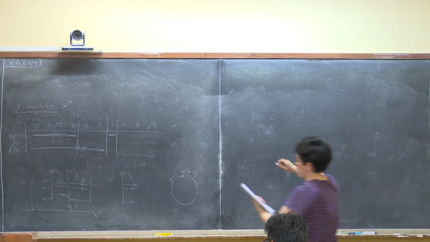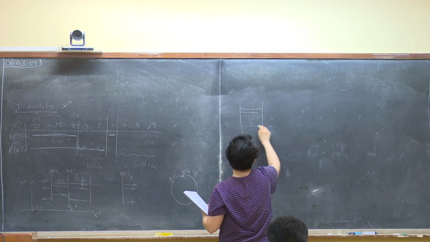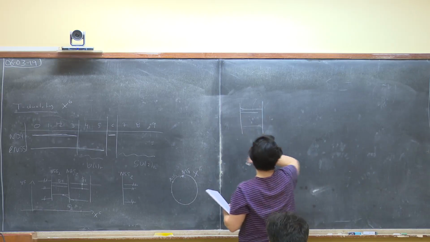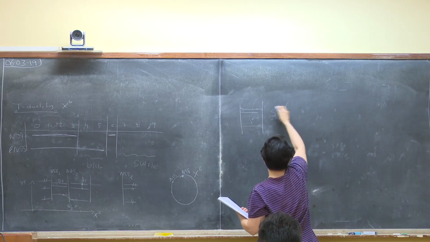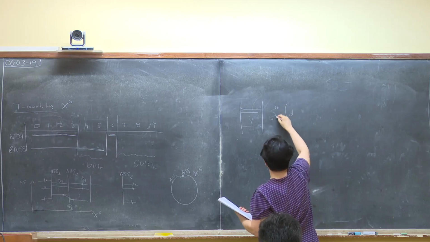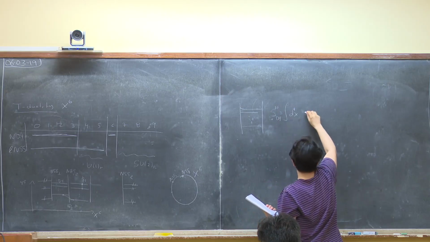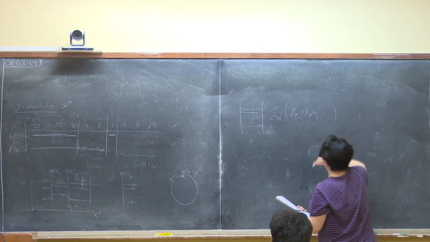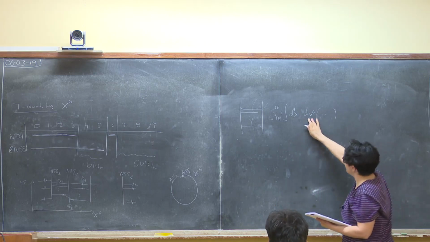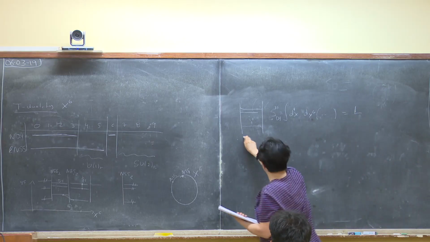Another thing to very quickly say is that let's consider only one of these segments, between two NS5s. I would start writing maybe the DBI action. Because this is a D4, I would have to do an integral. There are the four dimensions, and then I would also have to do the integral along the D6 direction. If I do this integral, let me be stupid and say that there is a length that I get.